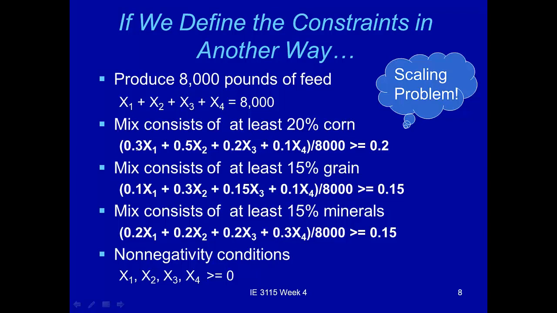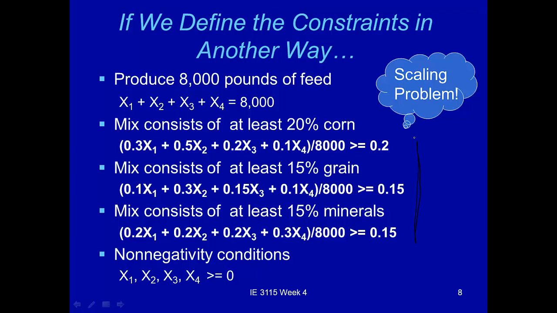Those are the total pounds of corn, divided by the total, the 8,000, the total pounds of the mix. So the corn divided by the total mix needs to be greater than or equal to 20%. And the grains, same: the pounds of grains in the mix divided by the total weight, the 8,000 pounds, greater than or equal to 15%. Same here. So this is another way of defining the constraints.